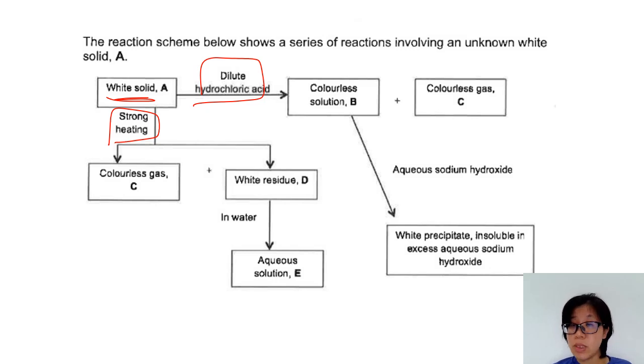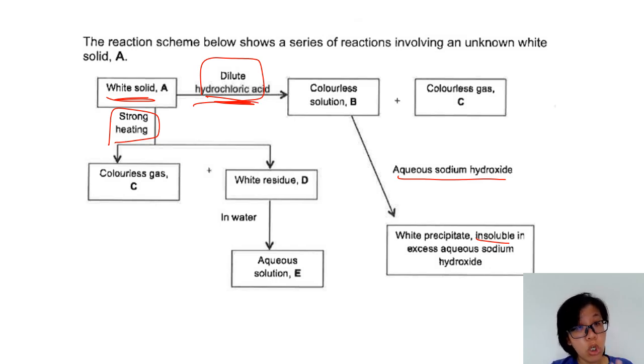Okay, then you see this is aqueous sodium hydroxide, insoluble. So just now we remembered zinc is soluble in both, so definitely this is not zinc. So the probability would be things like calcium, aluminium, or lead, either one of them. But they add hydrochloric acid, so it wouldn't be lead.